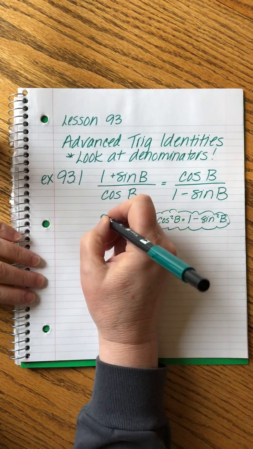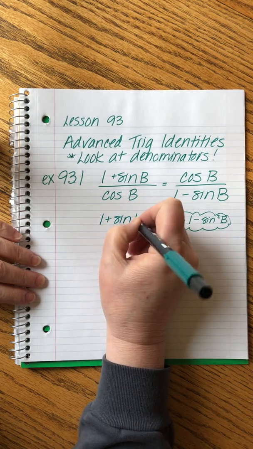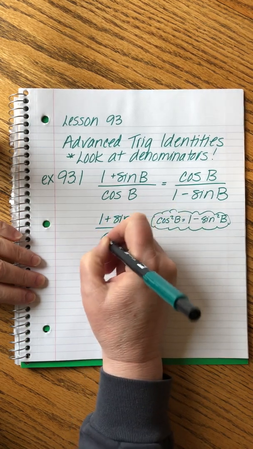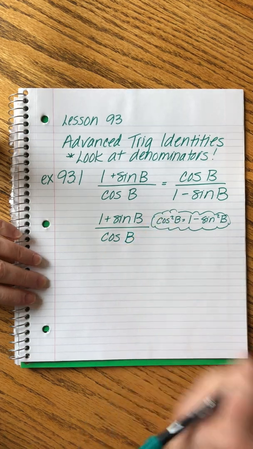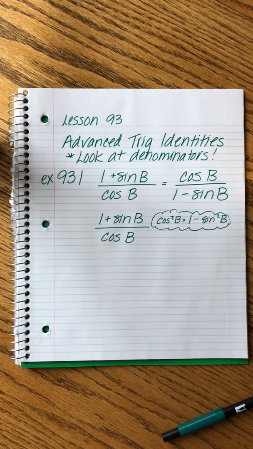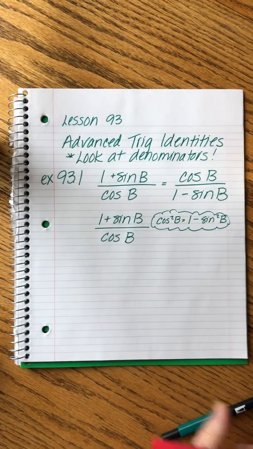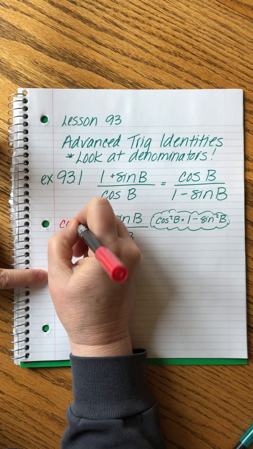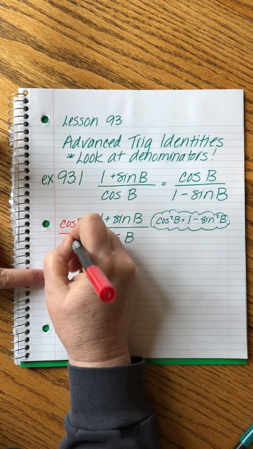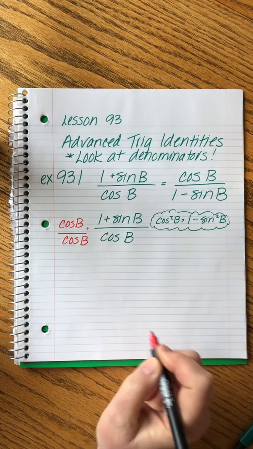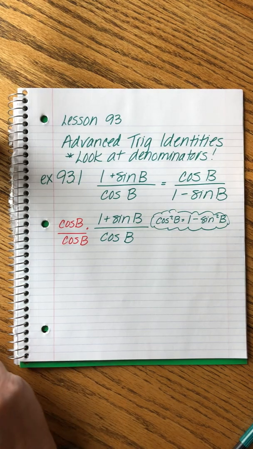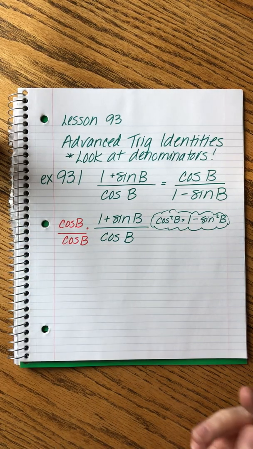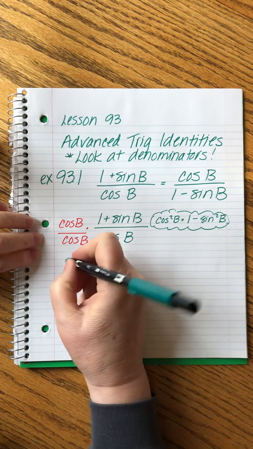I'm going to take our original expression and in order to get that square, I'm going to multiply it by cosine of b over cosine of b, just because I want to get a square on the bottom. So let's see what we've got now.